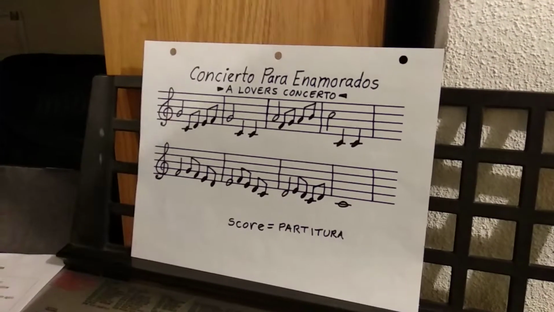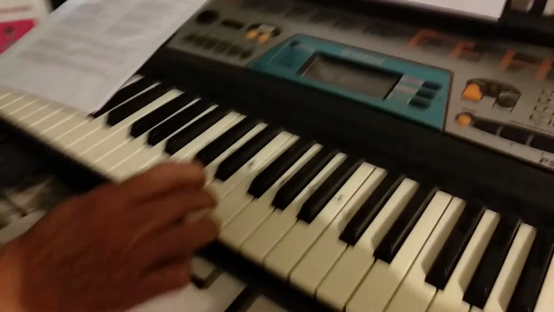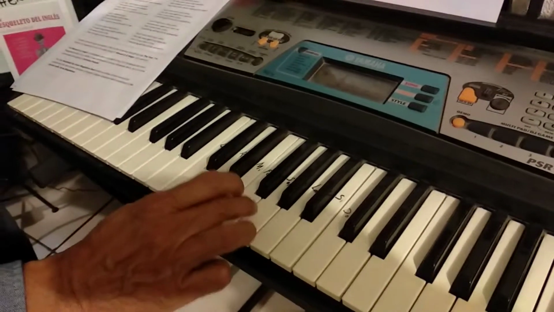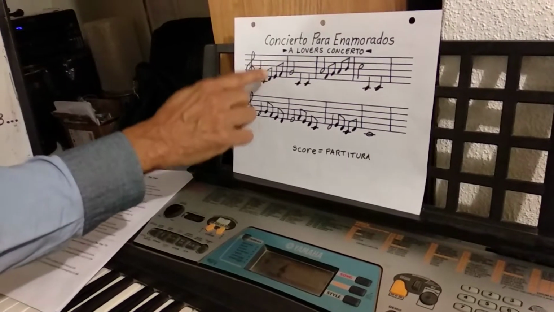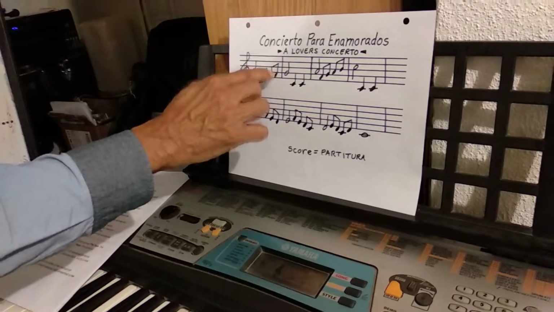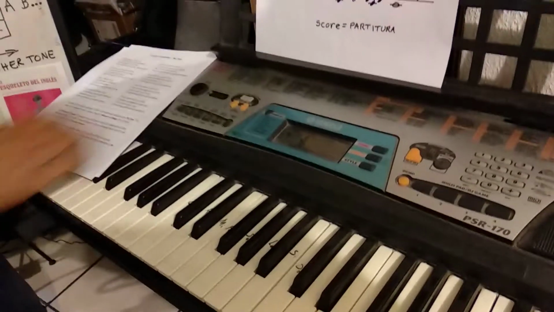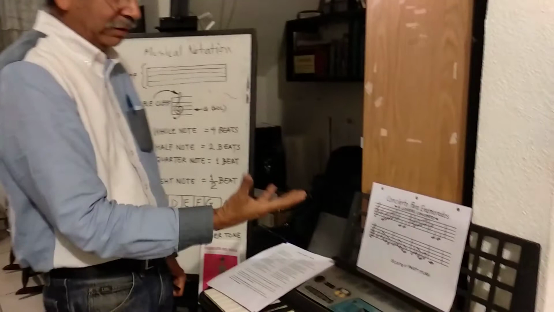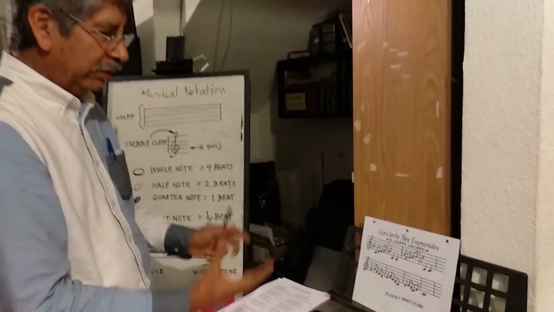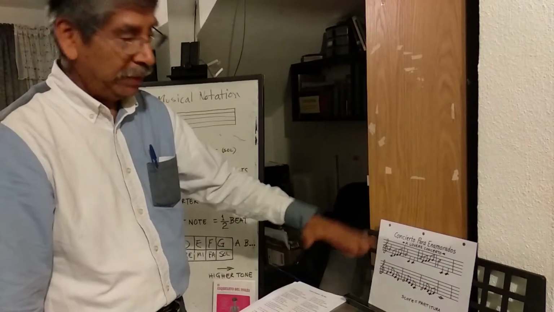So we play here a G note, Sol, G, 2 beats, 1, 2, and then half beat, half beat, half a beat, half a beat, okay, and so on. See, you can read this score if you understand what each symbol means.